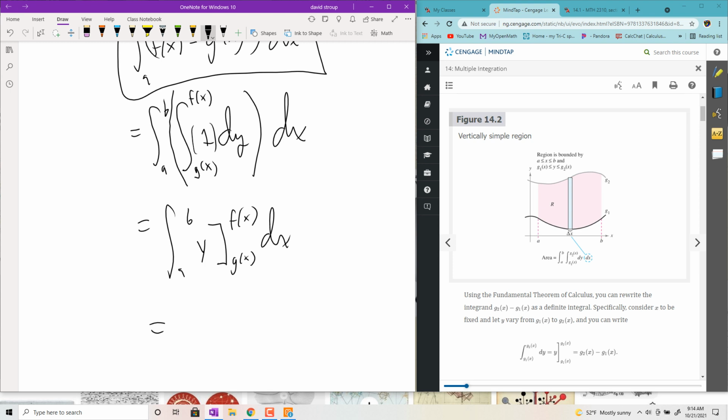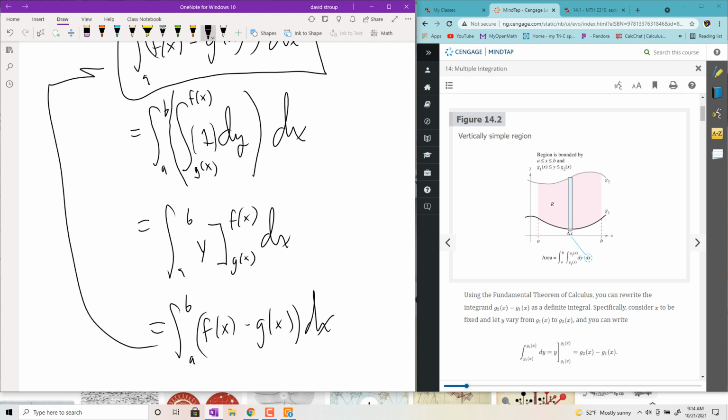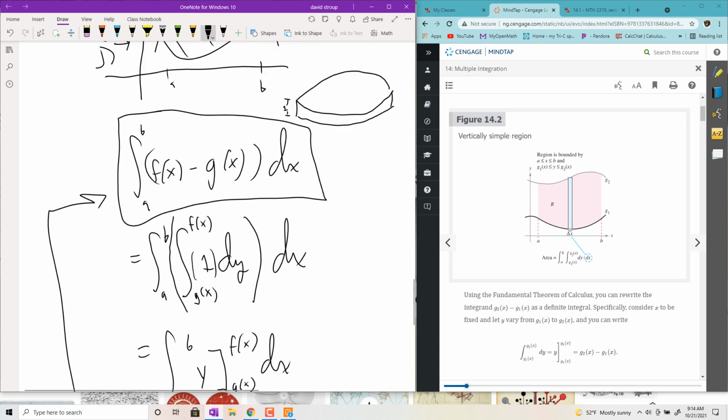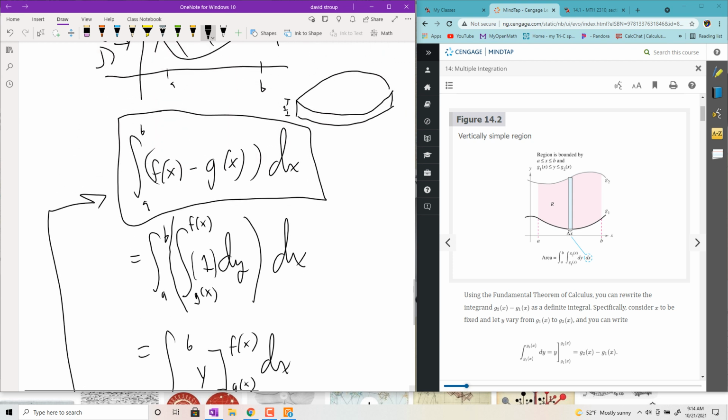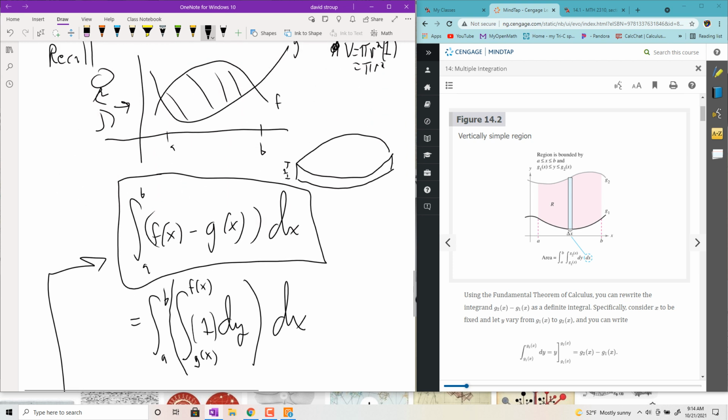And of course, there, when you plug in g of x and f of x, you have f of x minus g of x dx. Lo and behold, you get back to our Calc 2 integral, right? Okay, so you're finding the area between two curves, or you can technically think of it as the volume of a cylinder with that kind of base and top with height 1.